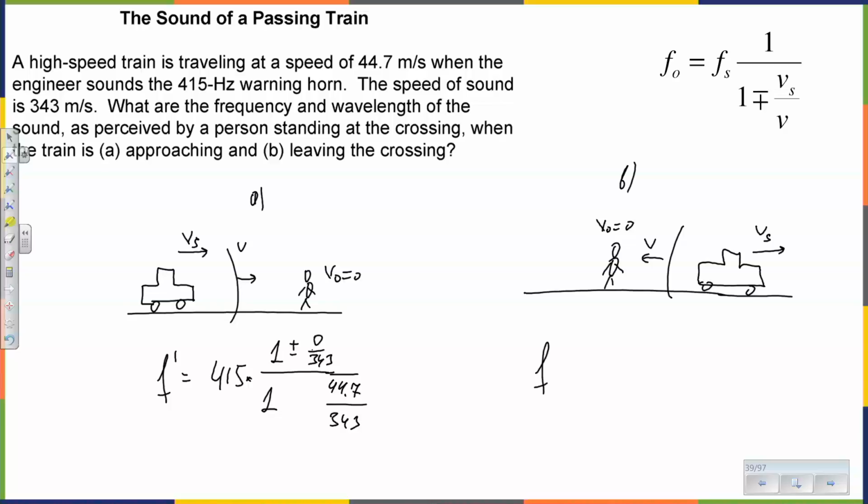So now the frequency should be equal to this number, again, 44.7 over 343. And again, we have to choose a sign, but of course, the opposite to case A. So for case A, what should I write here? A minus or a plus?